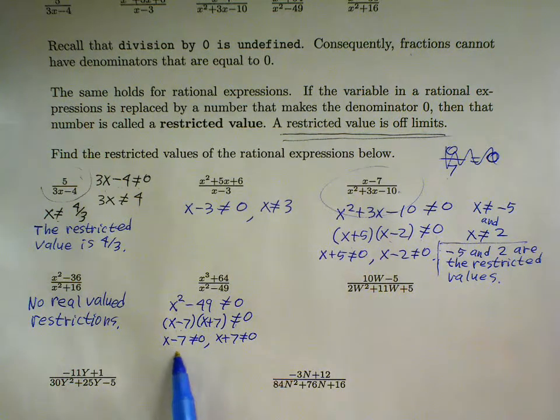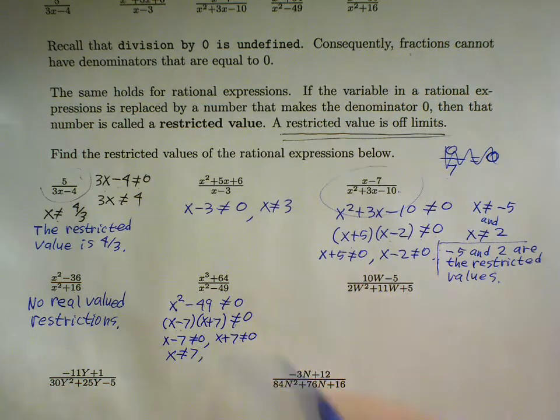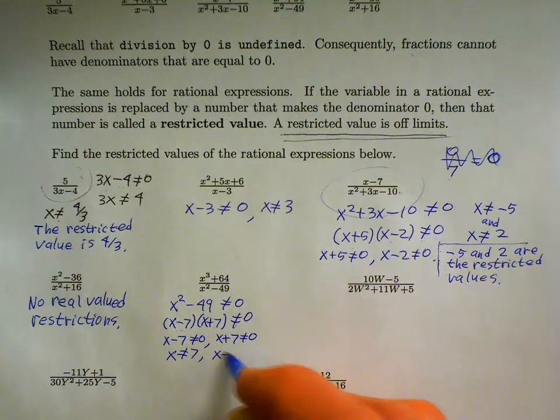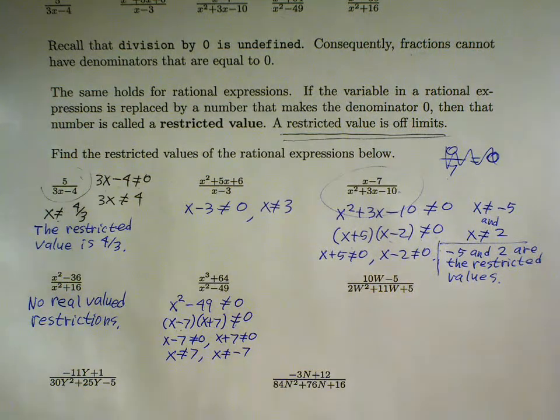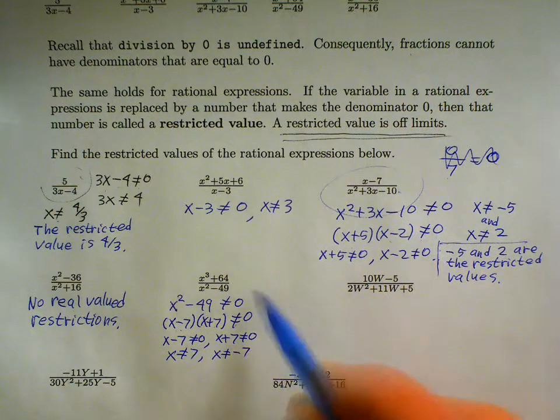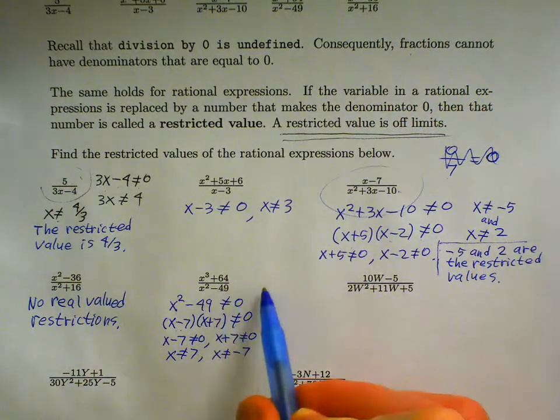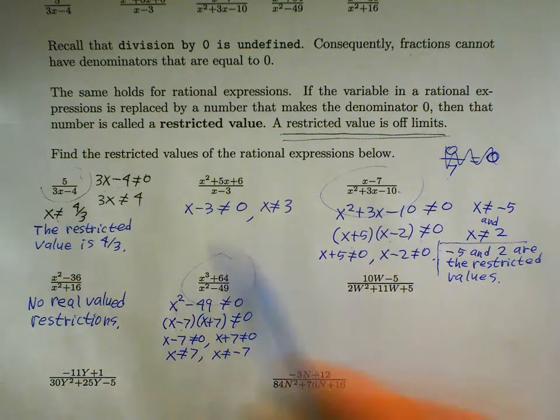If x minus 7 does not equal 0, then x does not equal 7. If x plus 7 does not equal 0, then x does not equal -7. So we would say that +7 and -7 are the restricted values for this rational expression.